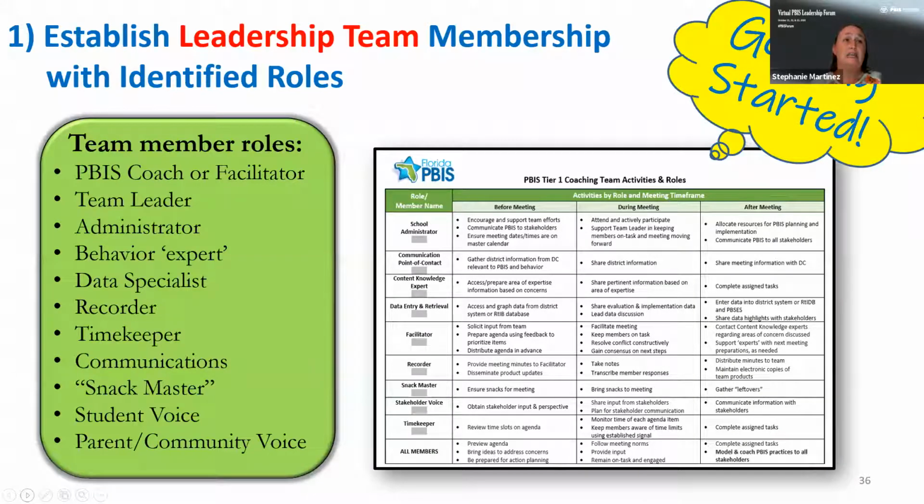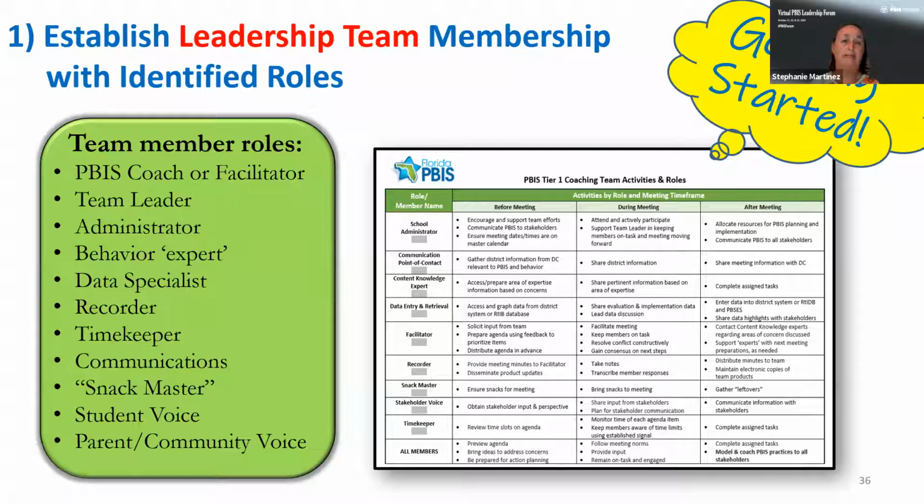So the first thing to do to get started is to identify who would be on your team. Who are the staff members at your school that will sit on that PBIS team? We have some suggested team member roles here. A lot of times at our schools in Florida, there's some overlap between some of these positions and roles, but this little activity here will give you a breakdown of what that role actually looks like.